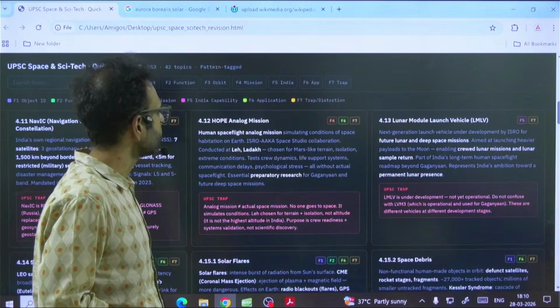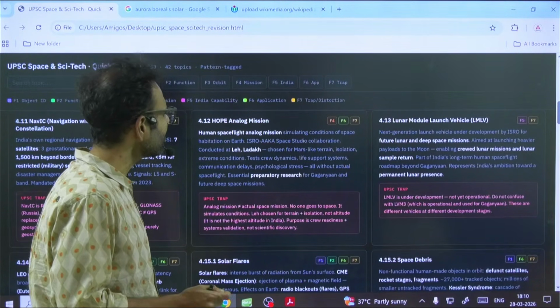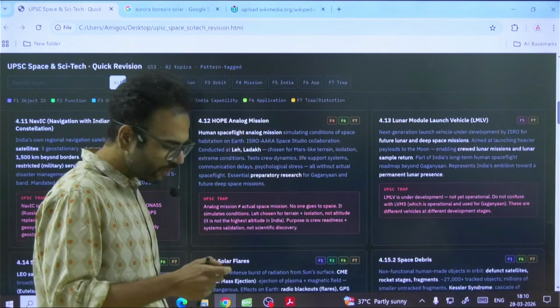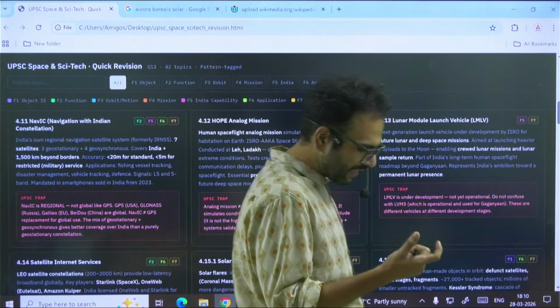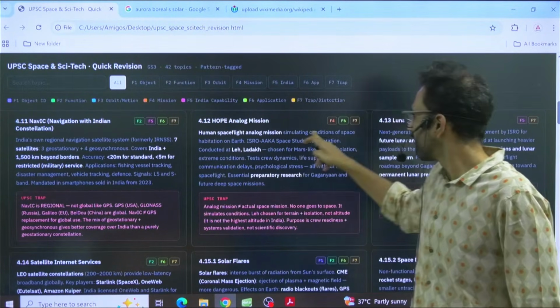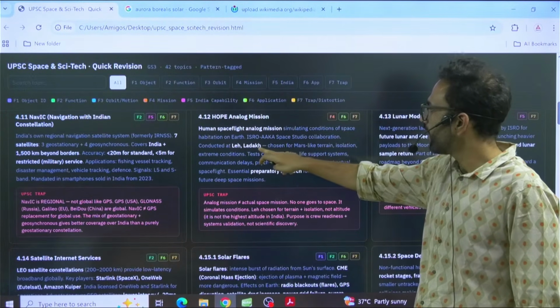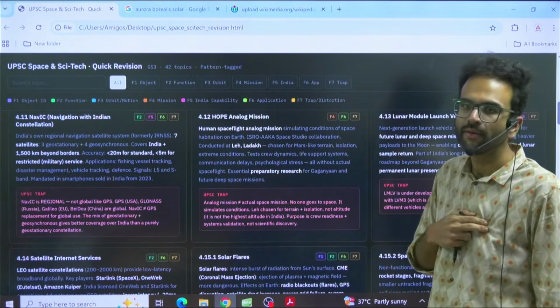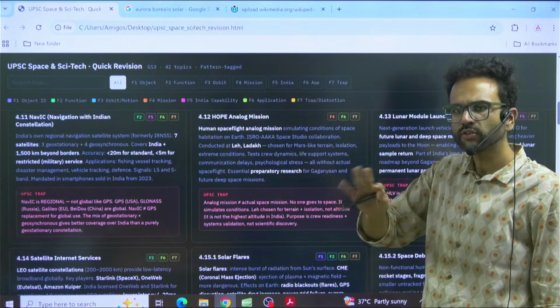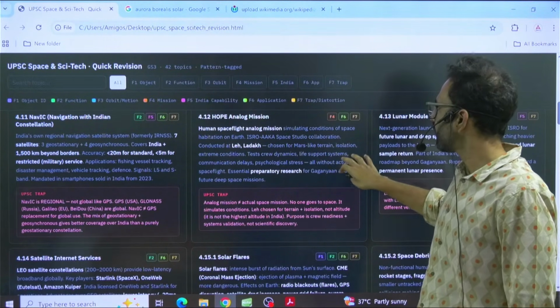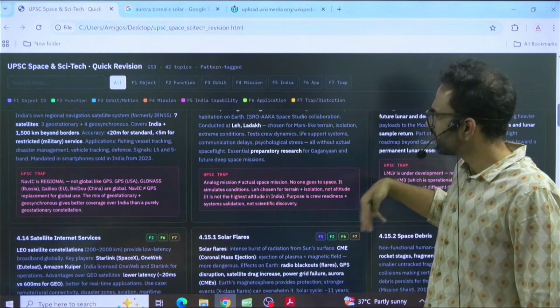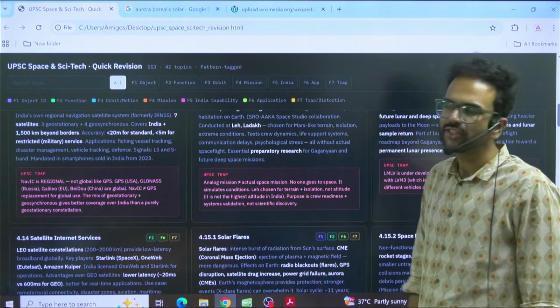HOPE analog mission. Again, what is this analog mission? You're trying to create the conditions of space here. Where? In Ladakh. Why? Because apparently it is closer to Mars-like terrain. So this is basically a preparatory research for Gaganyaan.